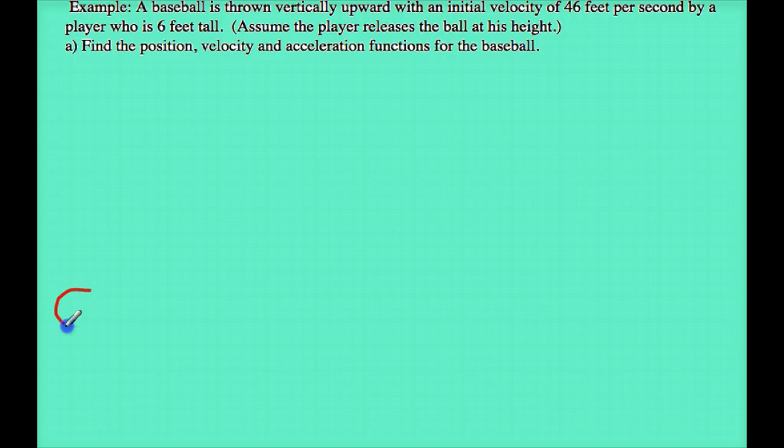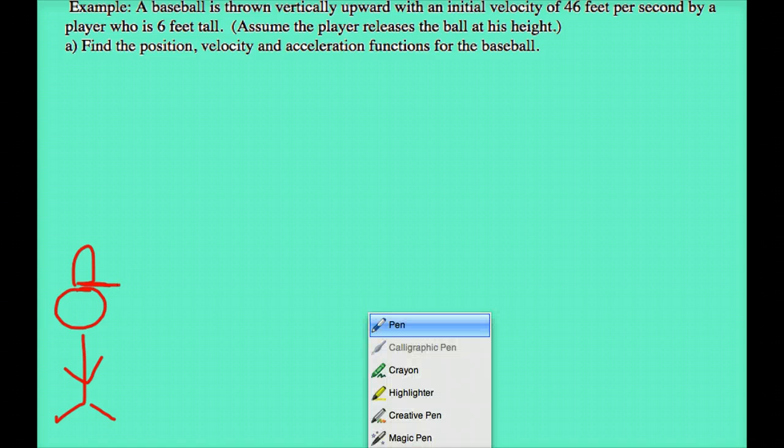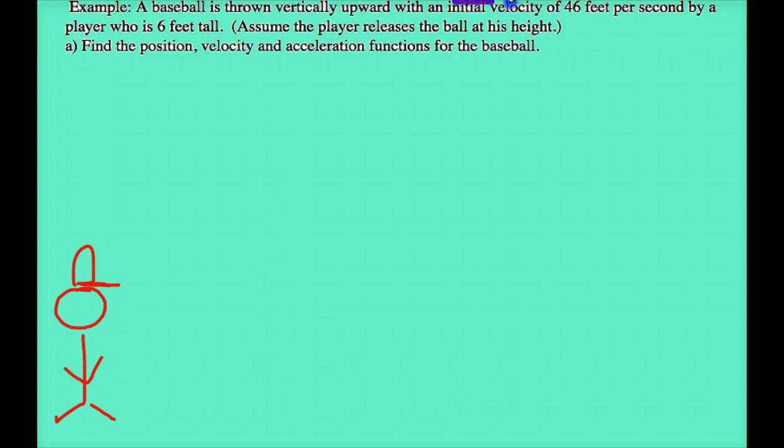So I'm going to draw my baseball player right here. Let's add a baseball cap to him. And it's saying that there is an initial velocity of 46 feet per second. It's also saying that this guy is 6 feet tall and he's releasing the ball at his height.